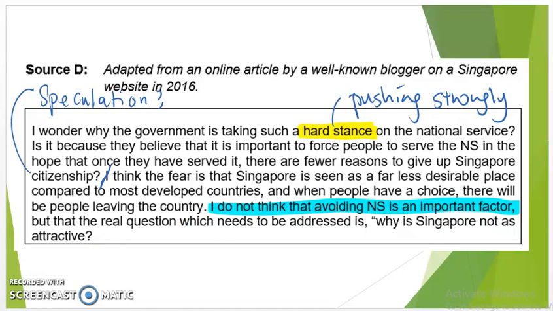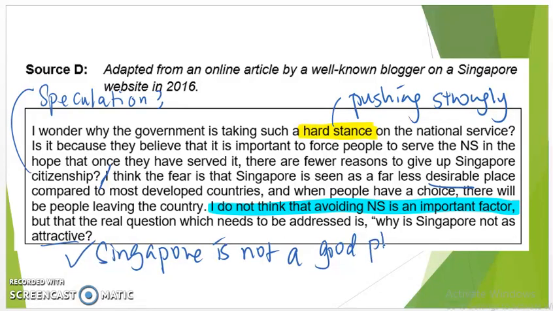So the very key thing that this person is trying to say is that Singapore is not a desirable, not an attractive place to be in, so basically not a good place to live in.